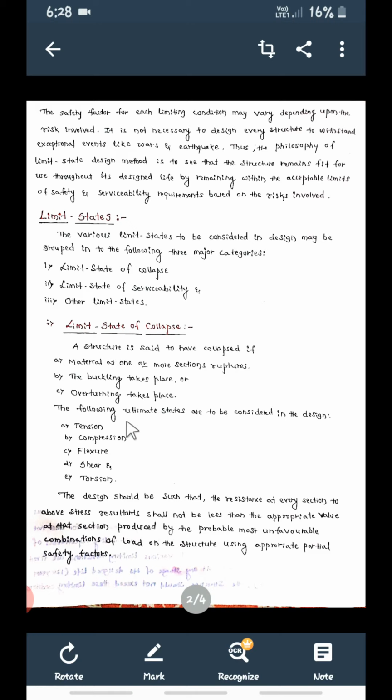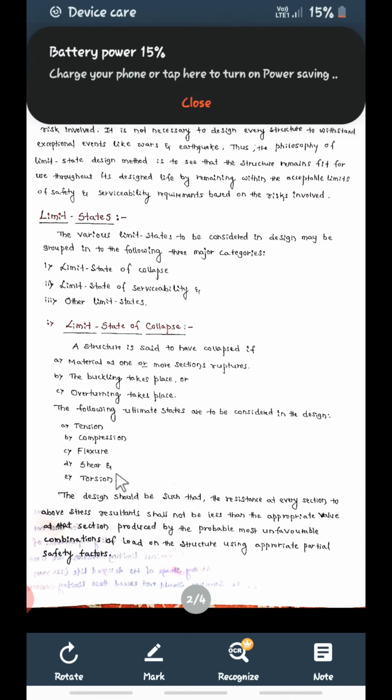To overcome these difficulties, we are going to consider the different ultimate states. At the final state, we are going to consider tension, compression, flexure, shear and torsion.